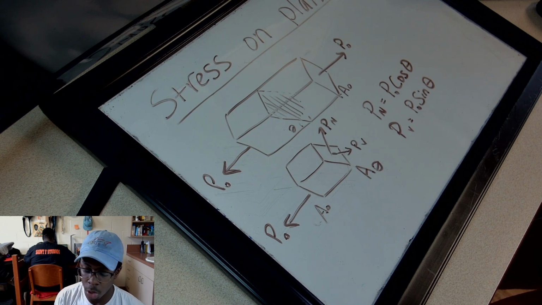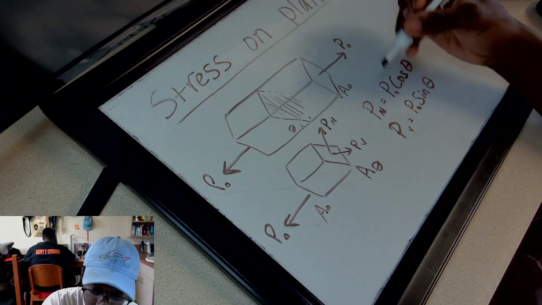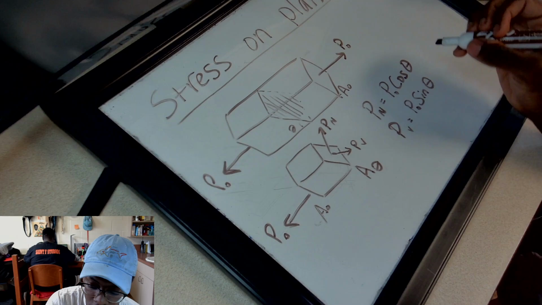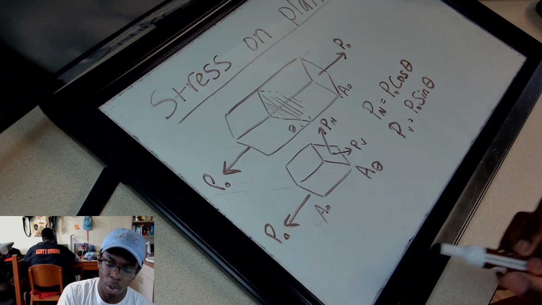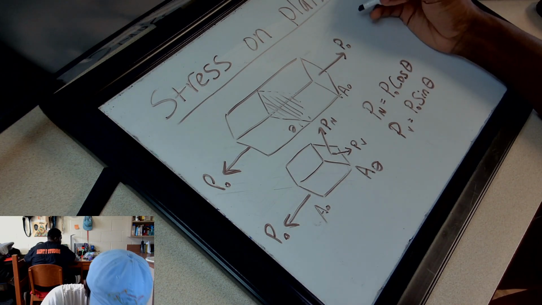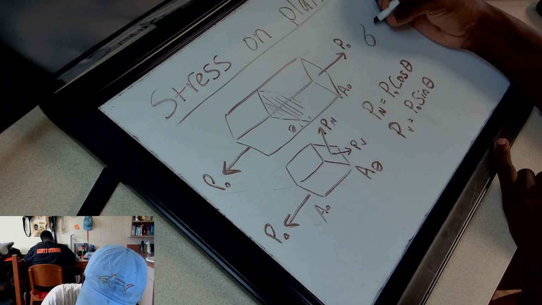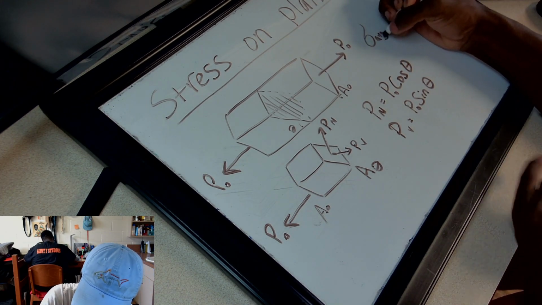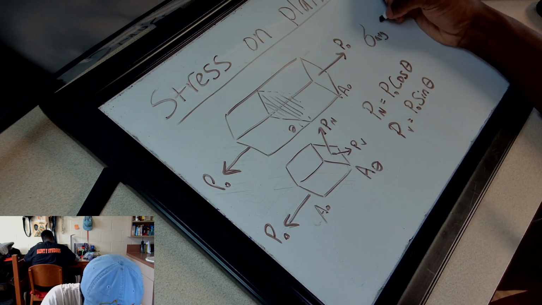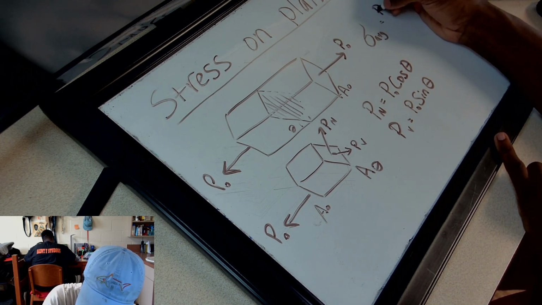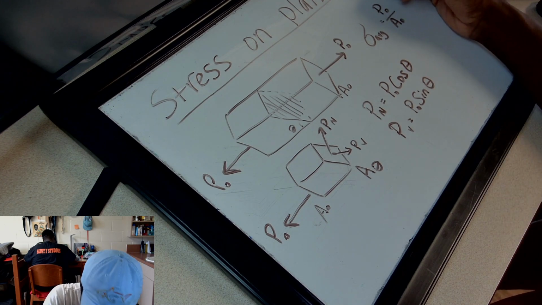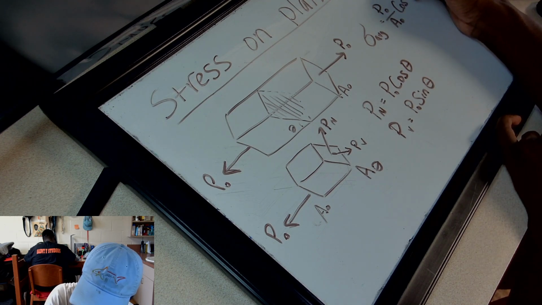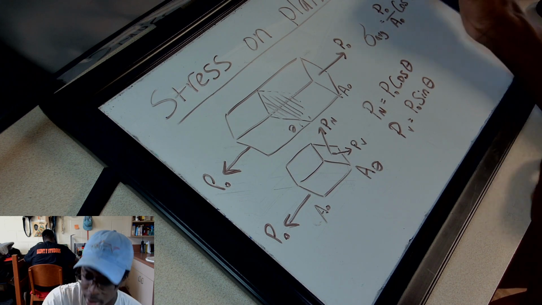Now, if we want the average normal force on this plane, so our average normal stress on this plane, so no longer normal force, but normal stress, we're going to have on the plane is equal to P naught over A naught times cosine squared of theta.